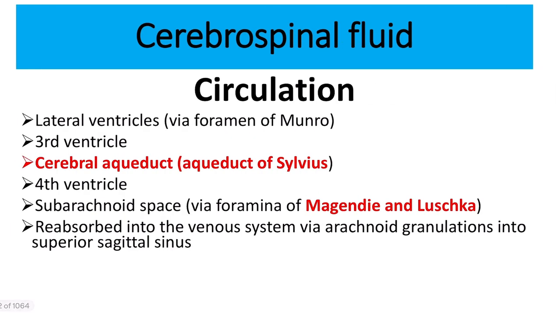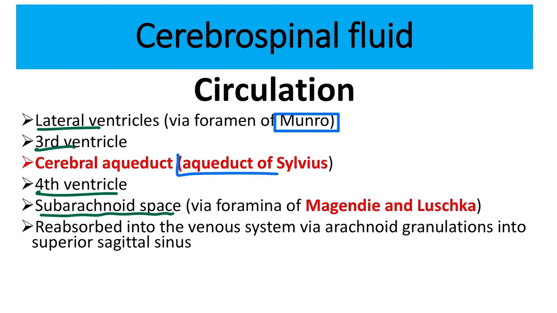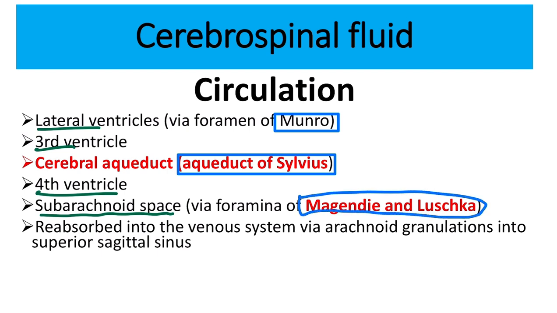The circulation again: first the lateral ventricle, then the third ventricle, then the fourth ventricle, and finally the subarachnoid space. There are four important foramina: from the lateral ventricle to the third ventricle, it is the foramen of Monro; from the third ventricle to the fourth ventricle, the cerebral aqueduct or aqueduct of Sylvius; and from the fourth ventricle to the subarachnoid space through the foramen of Magendie and foramen of Luschka.